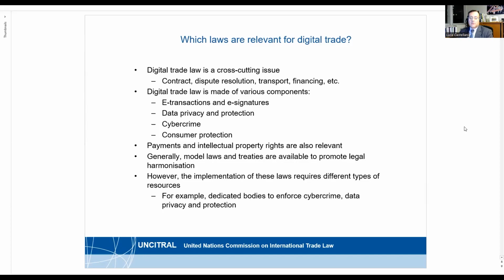Electronic transactions and electronic signatures are typically enabling laws, self-executing, while data privacy and protection, but also cybercrime, also consumer protection are regulations. So these are requirements that need to be met. And as such, their respect, their compliance may be delegated to some dedicated bodies, some dedicated authorities.